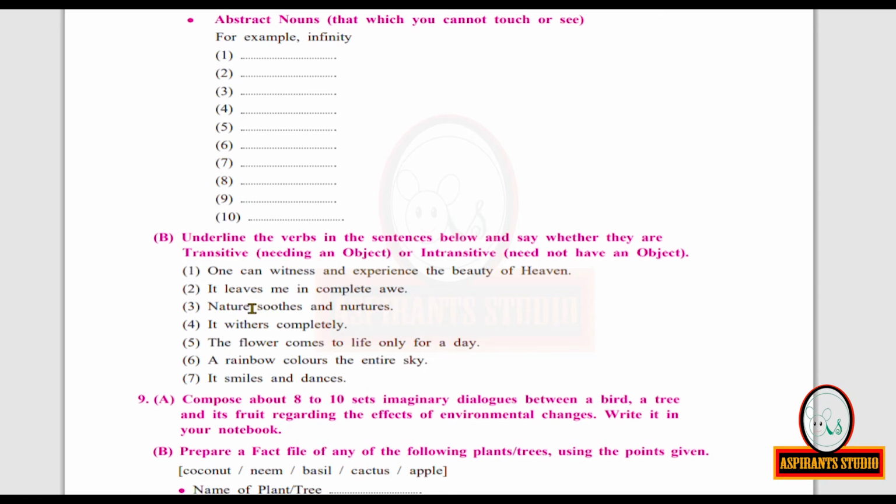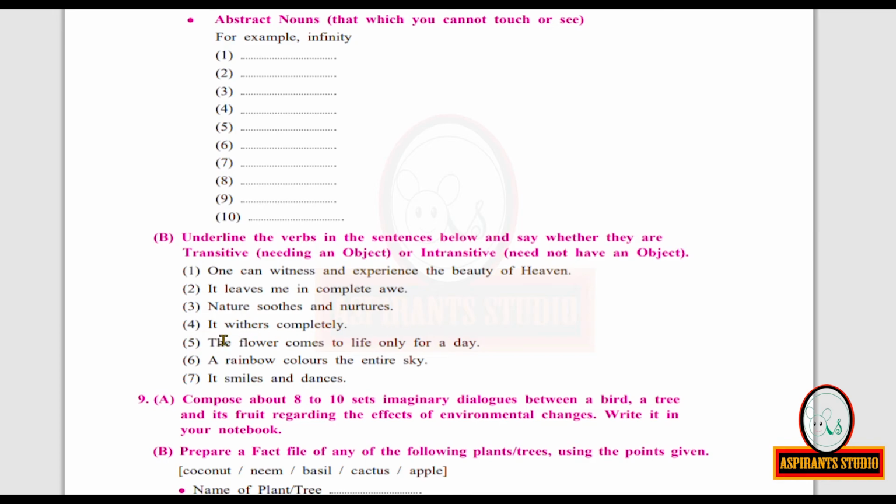So, leaves is an intransitive verb. Nature soothes and nurtures. Underline soothes and nurtures. Put a question to the verbs and see whether they have an object. No. So, these are intransitive verbs.